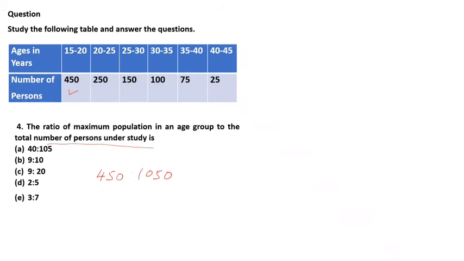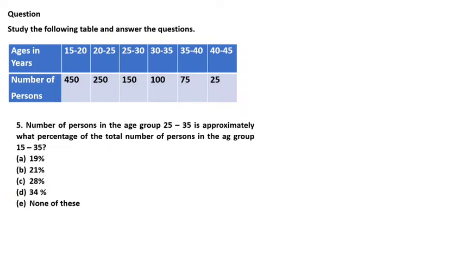We need to find out the ratio between these two. You can cut zeros and zero. Here 15 will go 3 times, here 15 will go 7 times. So the required ratio is 3:7. So 3:7, accordingly you can mark option E as the correct option. Then next question.